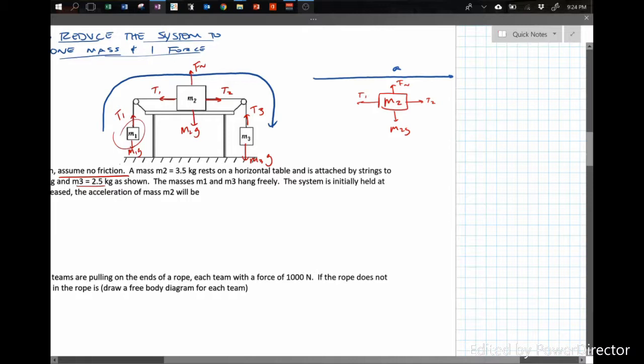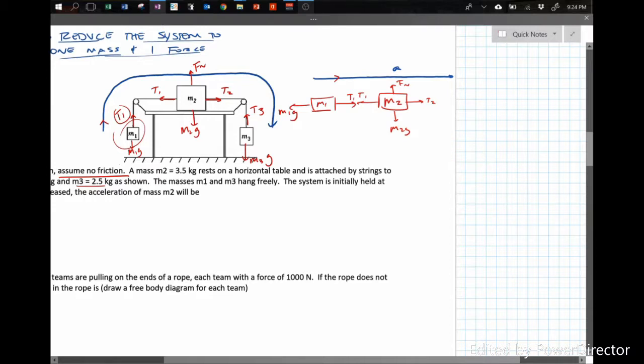We take mass 1, we want to rotate it to where here it says the acceleration's up, tension 1's up. Since the acceleration is now over when we straighten it out, we're going to rotate it to where M1G pulls that way, tension 1 pulls this way. We got M1 in there.